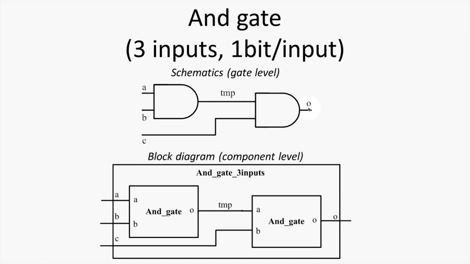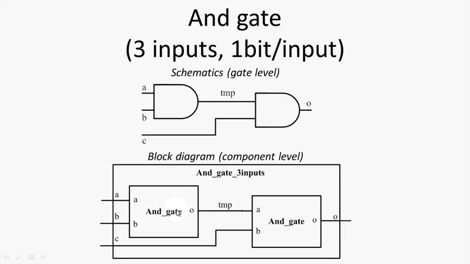From the VHDL point of view, we can see this as instantiating the AND gate component twice. Once in here and once in here. The output of the first AND gate is going to be connected to the input of the second with the signal called TMP.